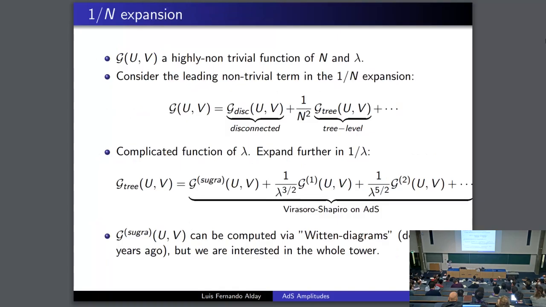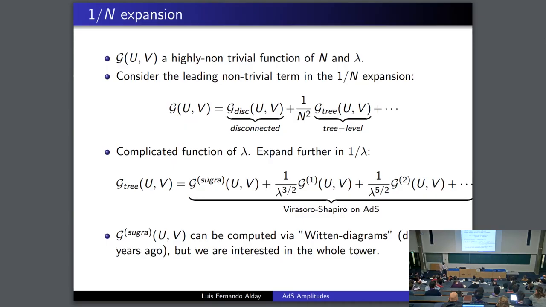Now, this function, this 4-point correlator, of course, is still a function of the parameters of your theory, which are N and lambda, and is supposedly a highly non-trivial function of N and lambda. Okay? We are not powerful enough to compute this, so what we start doing is we consider the leading non-trivial term in a 1 over N expansion.